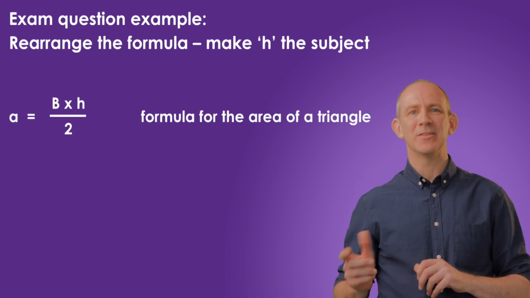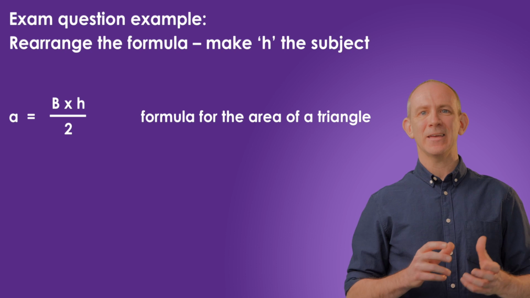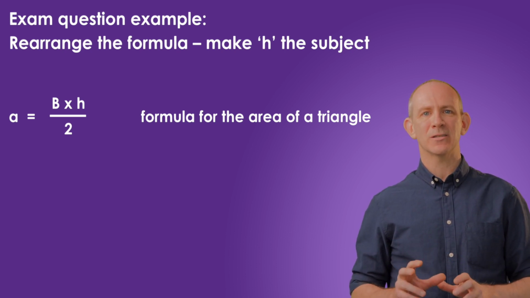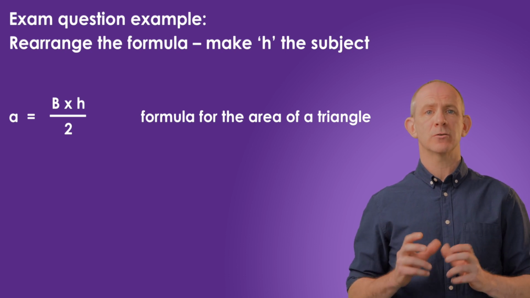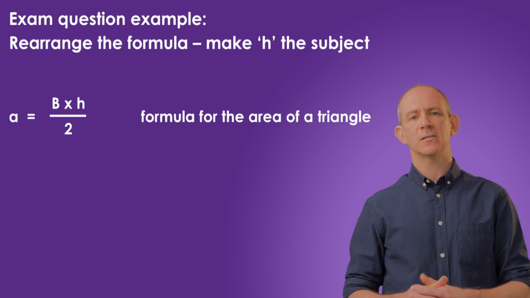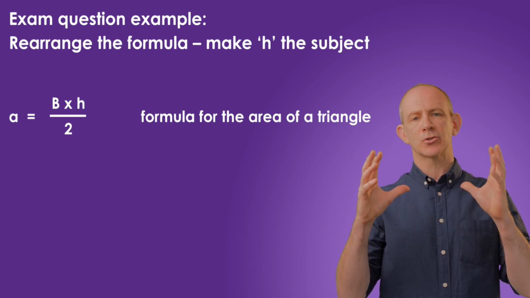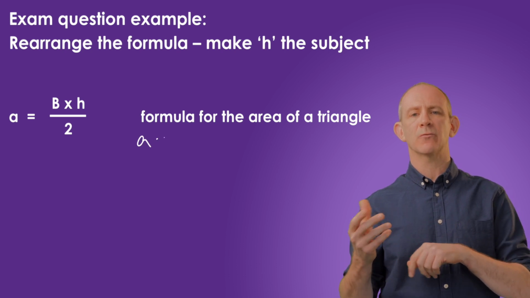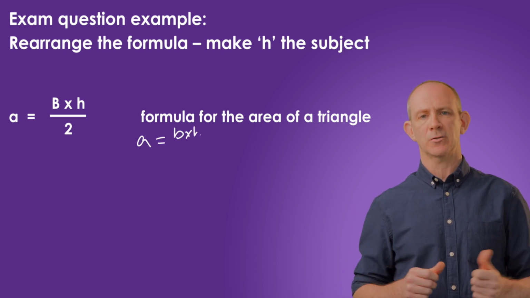In this question, we're given the area of the triangle, which is A equals B times H divided by 2. And we're asked to rearrange this to make the height, or H, the subject of the equation. So the first thing we're going to do is, because we consider the B and the H on top to all be divided by 2, we think about it in brackets. So the first thing we'll do to get rid of the divide by 2 is multiply by 2.